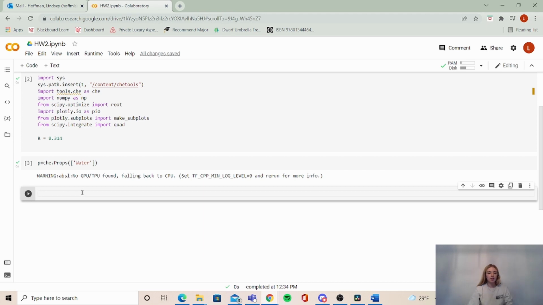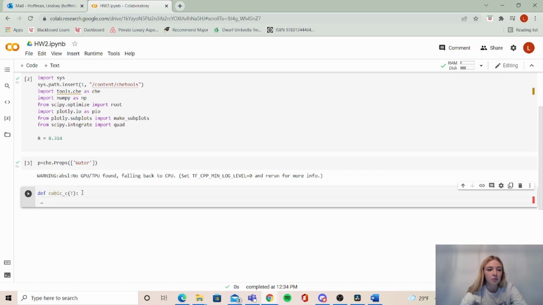So I'm going to start us off by defining a function for our cubic coefficients. So say define, I'm just going to call it cubic C, and I'm going to specify temperature here because our temperature is going to remain constant, because our isothermic curves are going to have constant temperature in each of them.